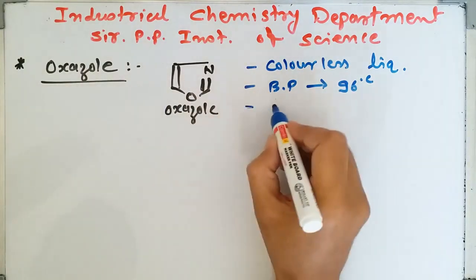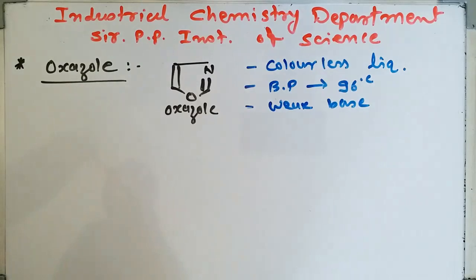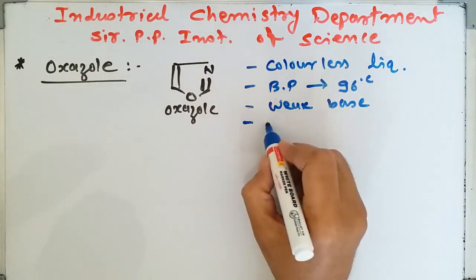It is a weak basic compound, because of the presence of nitrogen, it is a weak base, and it has a pyridine-like odor, a typical smell.